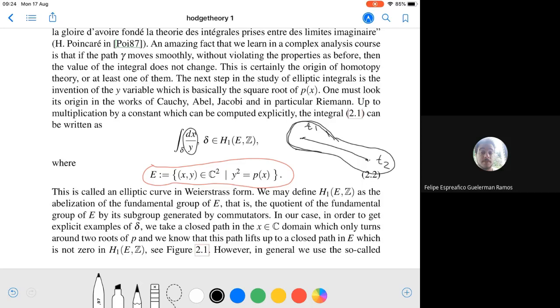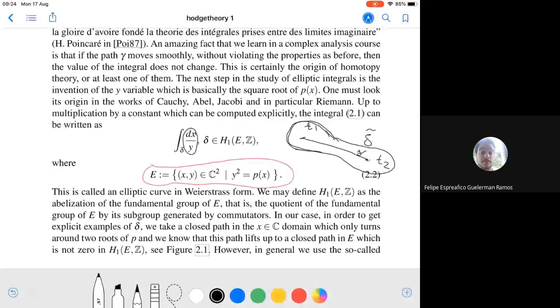If I put this one, let's call it gamma, and the other one delta tilde. This is also another very simple exercise that during the course, if you want, we can return to and do concretely. Our original integral was dx over y over gamma. It turns out that twice this one is the integral of dx over y over delta tilde.